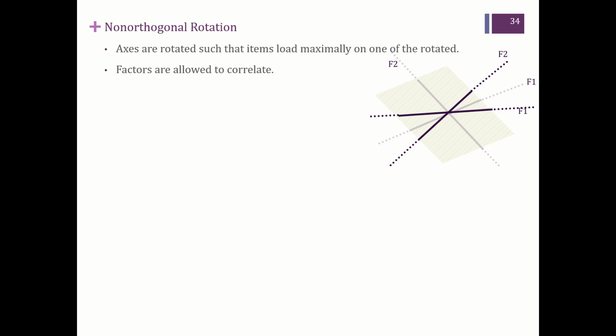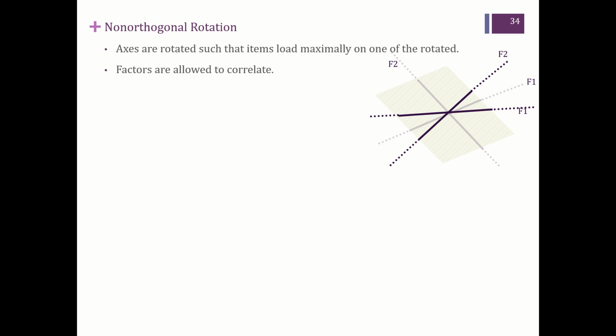If you want to allow your vectors to be correlated, then what we're going to do is a non-orthogonal rotation. Right? So the Varimax was an orthogonal rotation. We assumed that the vectors were uncorrelated with each other. And what we call the Obli-Min rotation is a non-orthogonal rotation, and we're assuming that the vectors can be correlated.